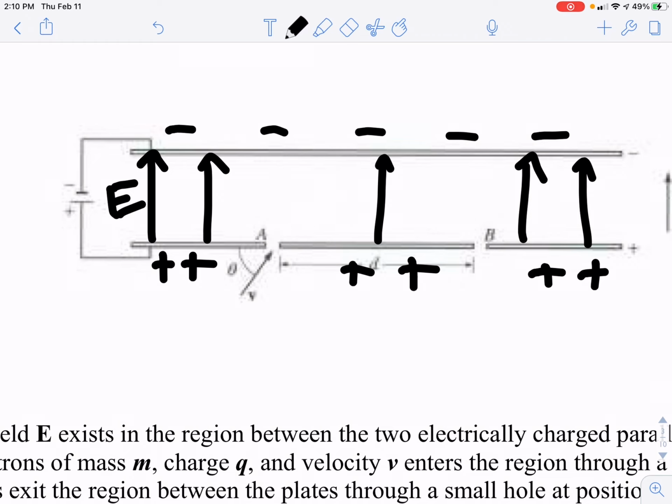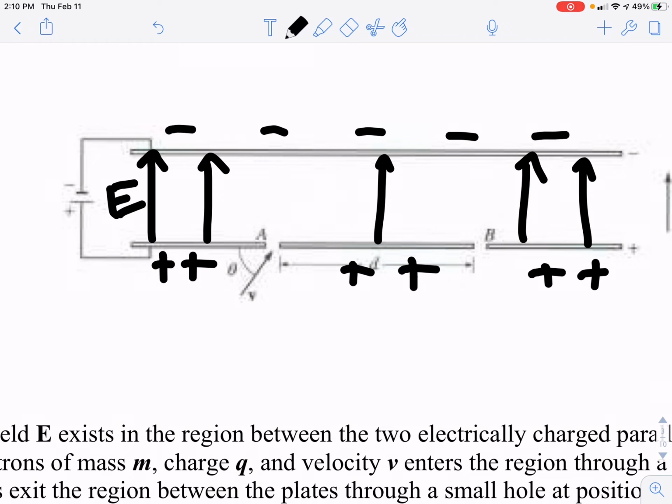Part 3. Show the trajectory of the electron that will exit the hole in position B. Well, this mirrors what we would see in a gravitational field. If we kicked a soccer ball and it had this trajectory, it's experiencing a gravitational force in a gravitational field, so that the object accelerates downward the entire time.